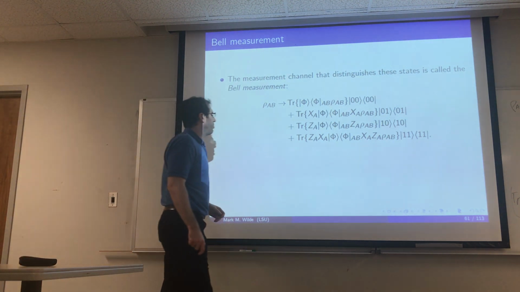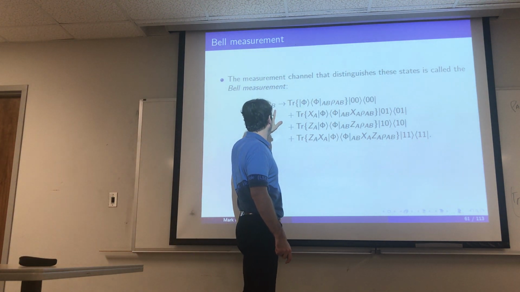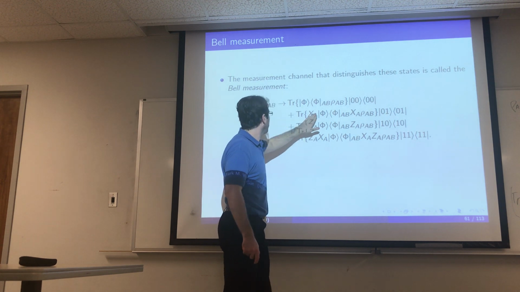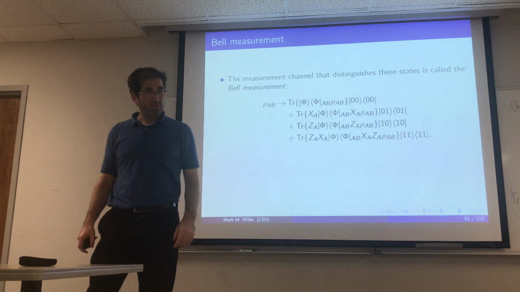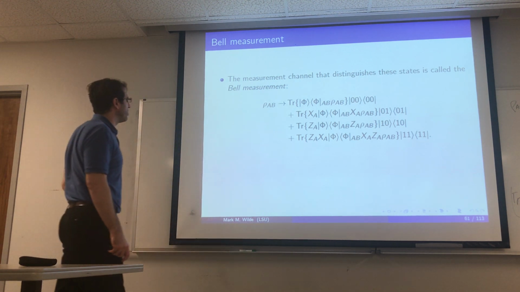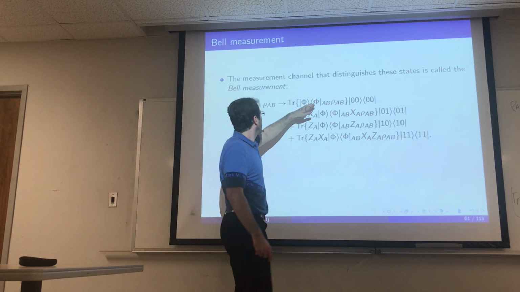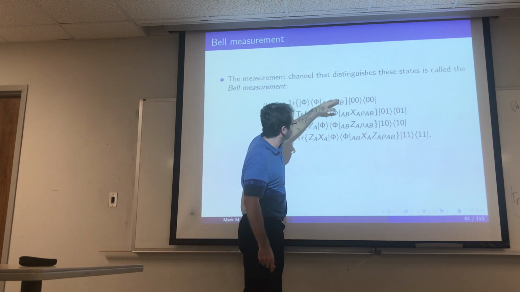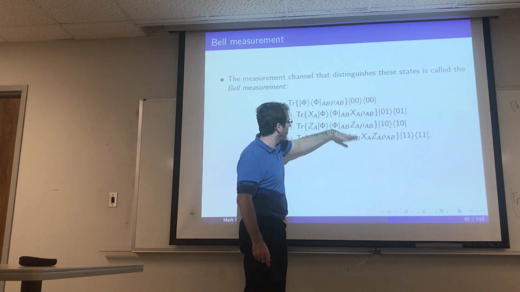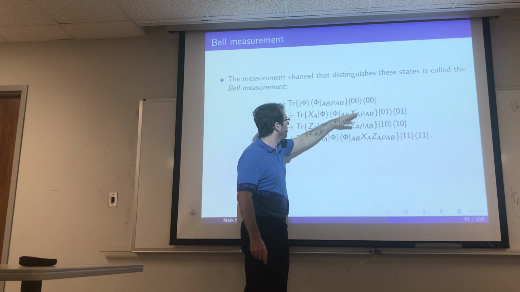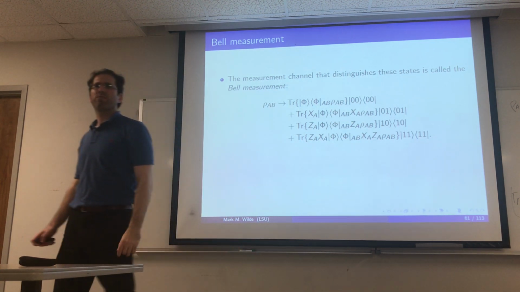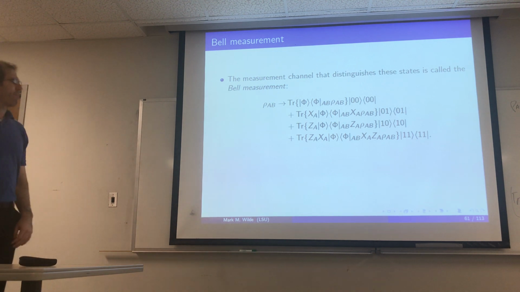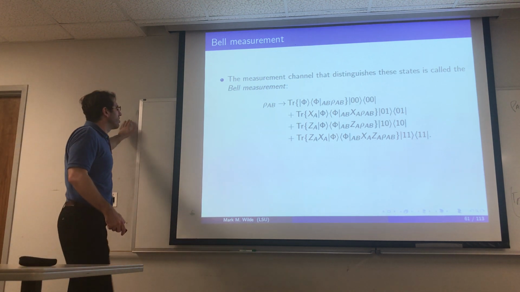Okay. Similarly, if you were to prepare the state rho AB in this other phi, and then you send it through the measurement channel, this right here, it would have overlap 0 with this one. You wouldn't observe that. It would have overlap 0 with these other 2, and it would have overlap 1 with this. You would have observed the outcome 0, 1. Okay? So that's the Bell measurement channel.